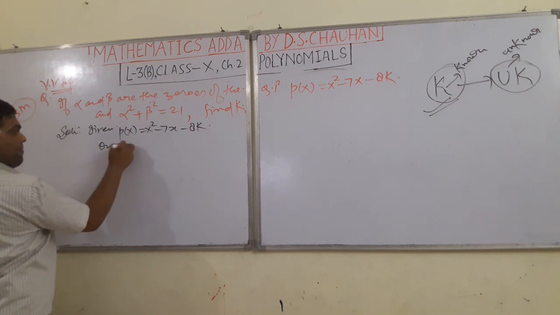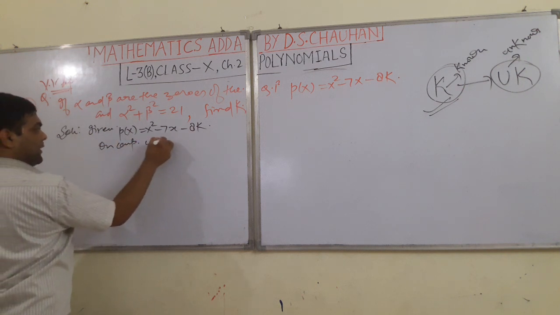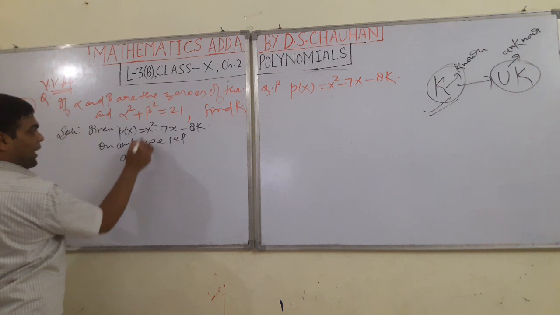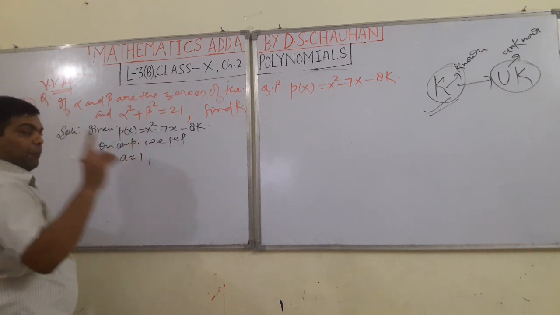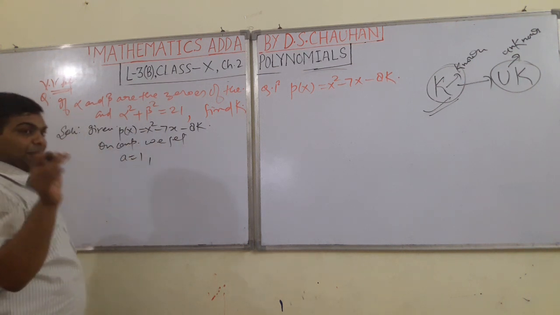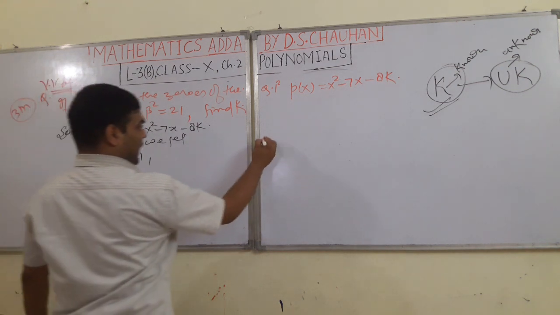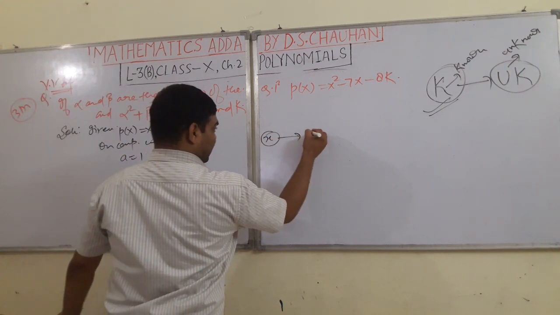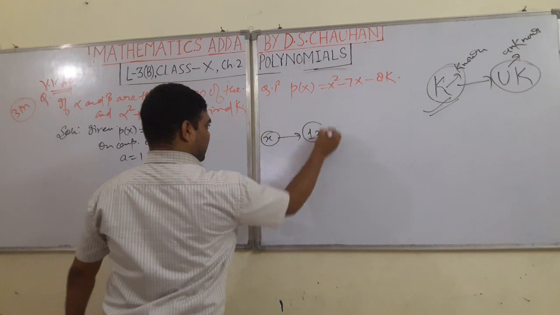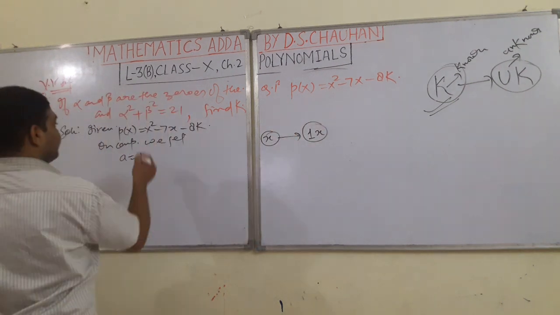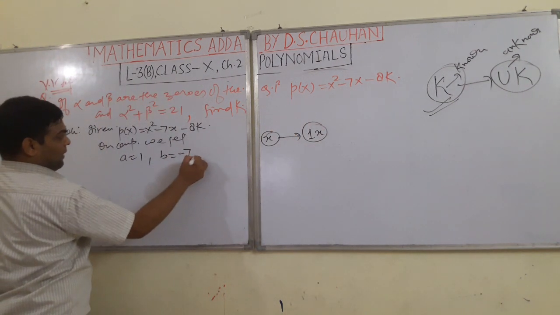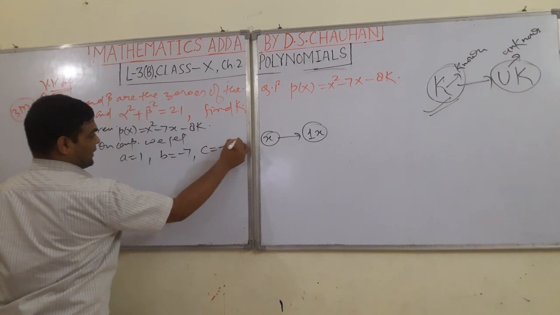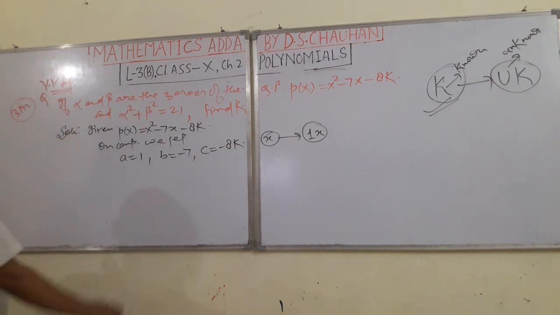On comparing, we get a equal to 1. If we are writing 1, it is always understood, no need to write. Suppose we have x, it means 1 time x, but no need to write. Here b is minus 7, and c, the constant term, is minus 8k.